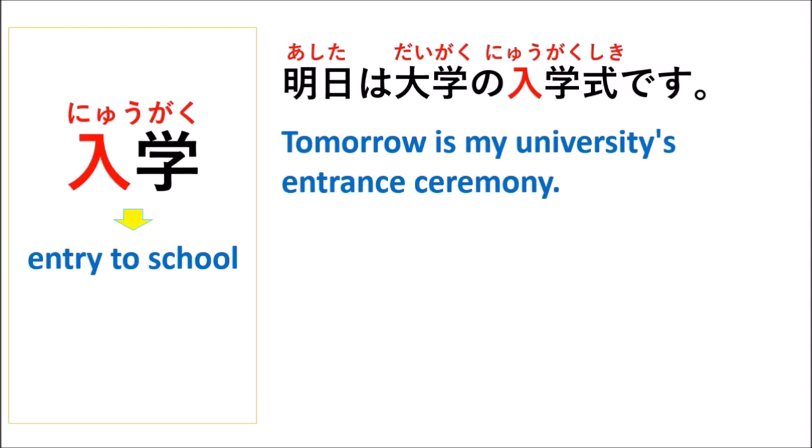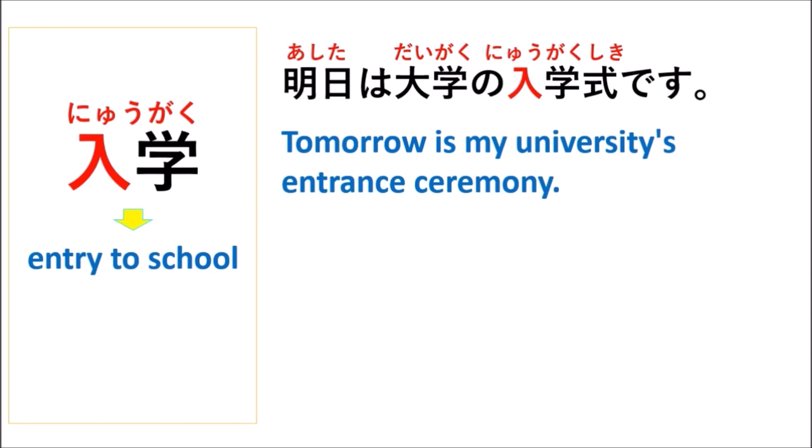For example, you can say 大学の入学式, or for high school you can say 高校の入学式. So every time you use 入学 with 式, it means entrance ceremony.